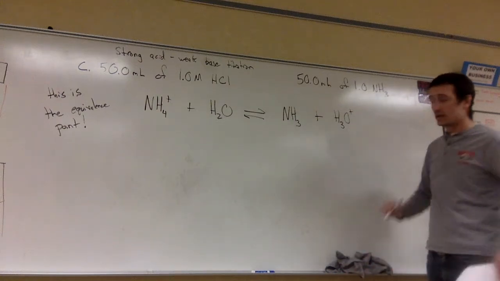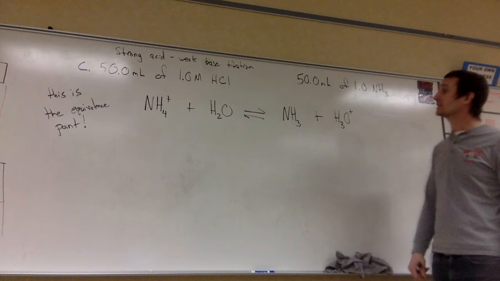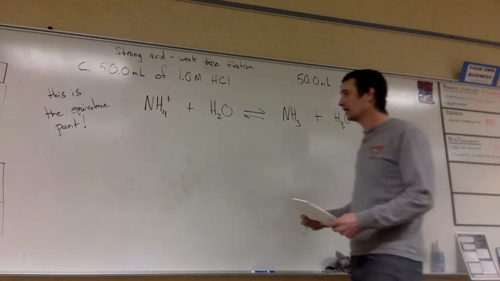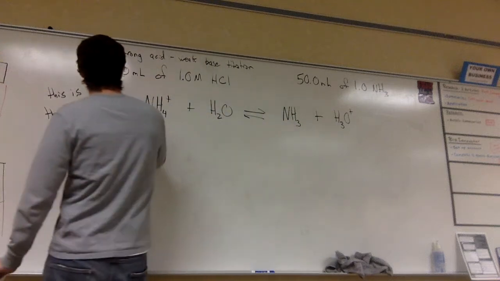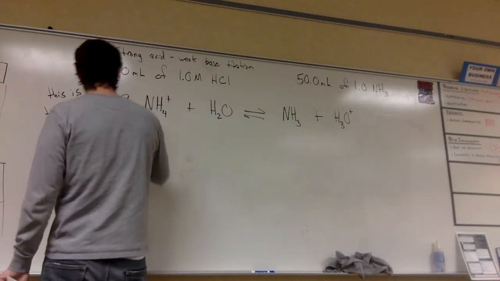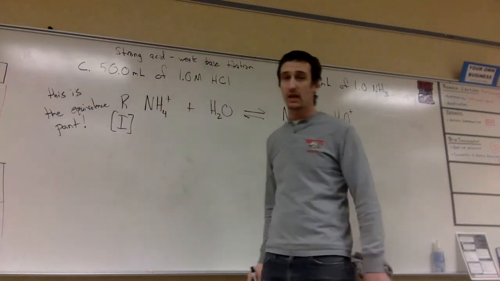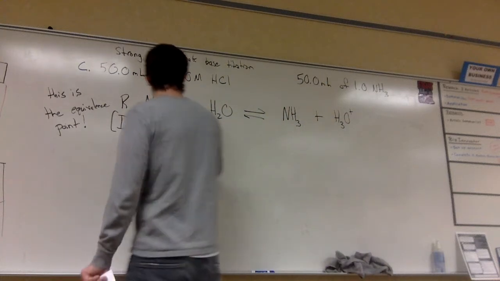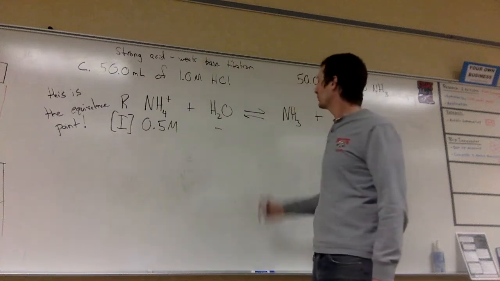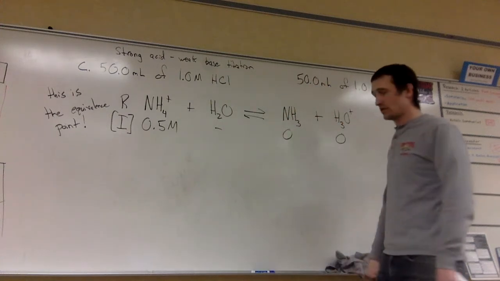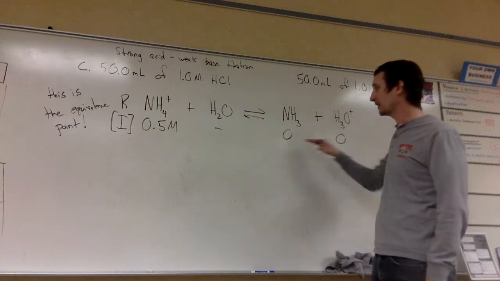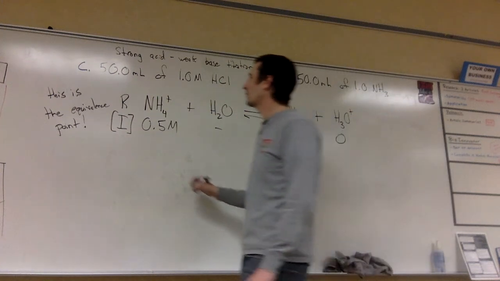The hydronium ion is going to be what causes the acidity of this solution at the equivalence point. Remember, we got our initial concentration of that NH4 plus just a second ago. That was 0.5 molar. Water doesn't count. We've got none of those product molecules at the initial condition.